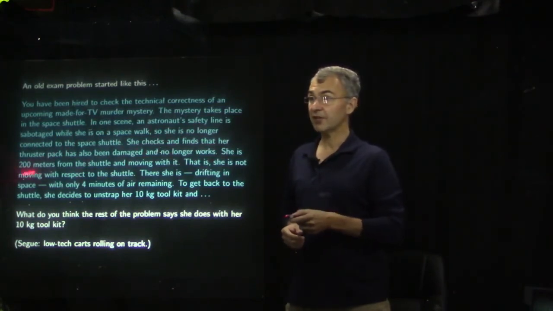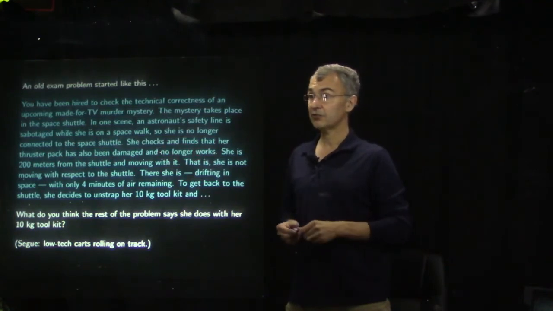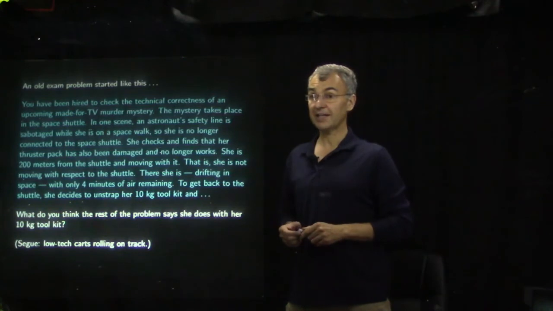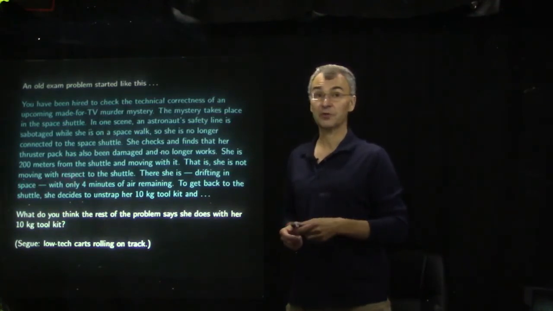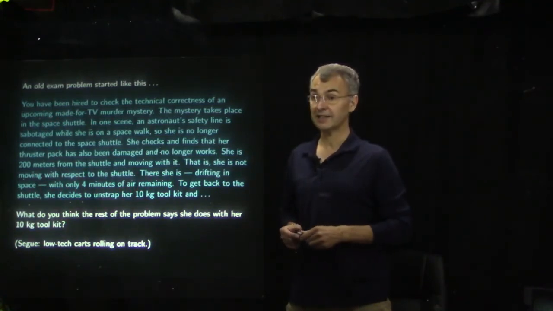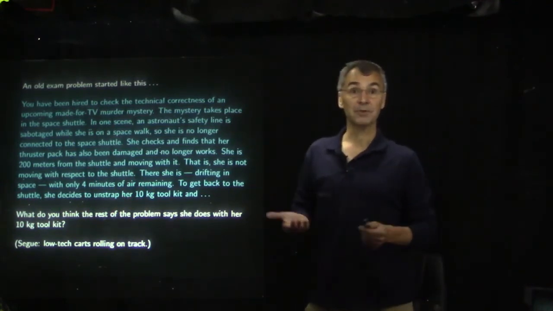She checks and finds that her thruster pack has also been damaged and no longer works. She is 200 meters from the shuttle and is moving with the shuttle. That is, she is not moving with respect to the shuttle. There she is, drifting in space, with only 4 minutes of air remaining. To get back to the shuttle, she decides to unstrap her 10-kilogram toolkit and what does she do with it?